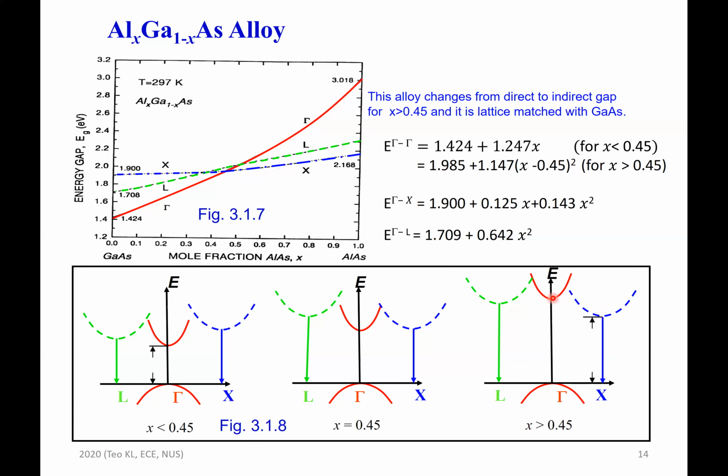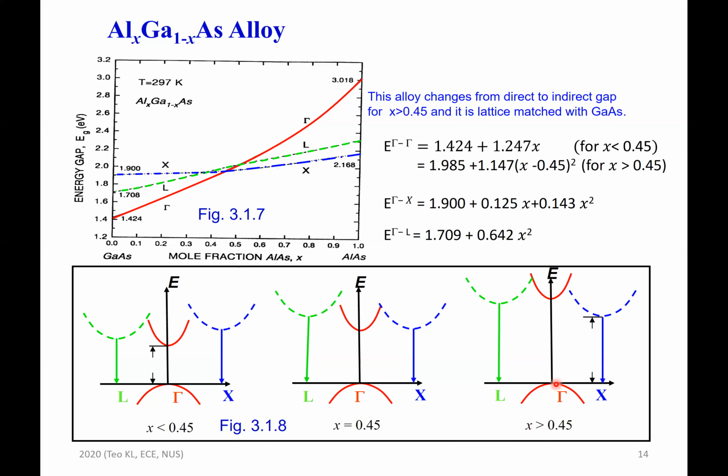So the red is higher: the bottom of the conduction band at the gamma value is higher than the bottom of the conduction band at the L value. So this is 3.018. Okay.